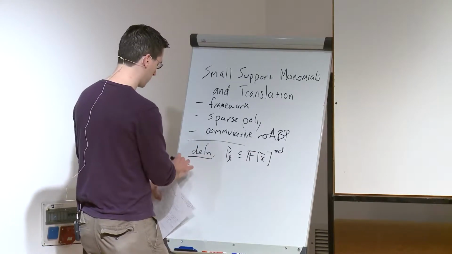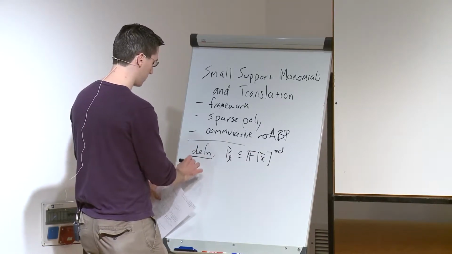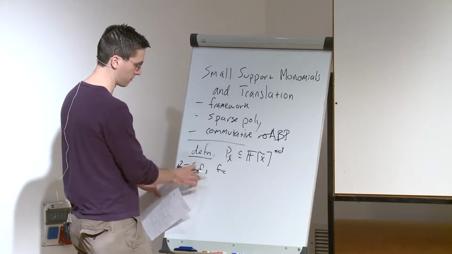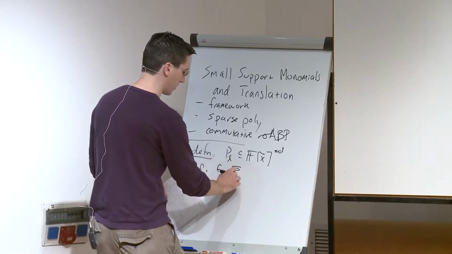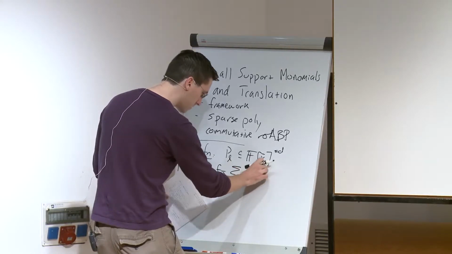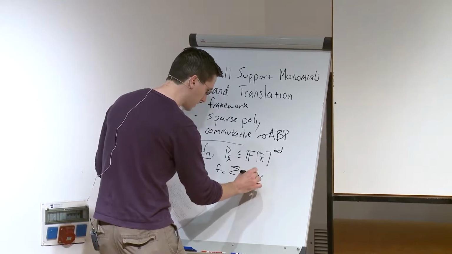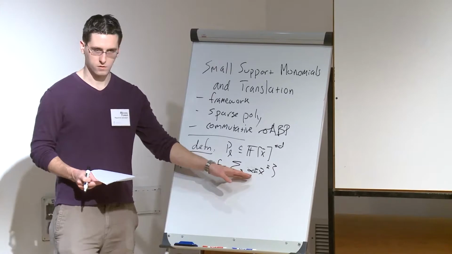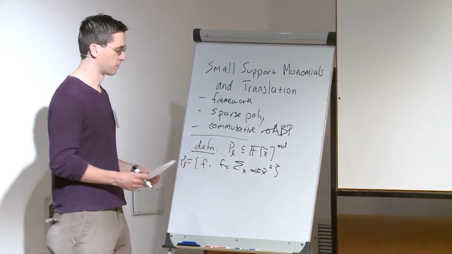P sub L is defined to be the following set of polynomials: f is going to be a polynomial where, if you expand it out in this monomial representation, there's some monomial which I really like, which is friendly.